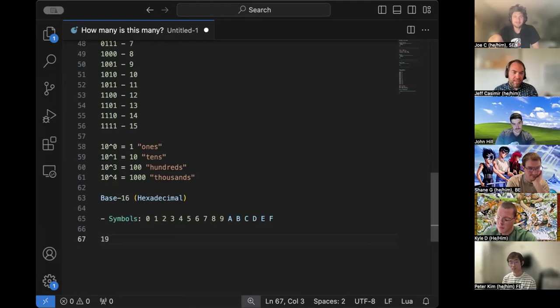19. Now it's not 20, it's 1A, it's 1B, 1C, 1D, 1E, 1F. Now you're out of symbols. Now you rotate back to zero. Now you increment the next one over, right? And so as we fast forward, we're at 99.